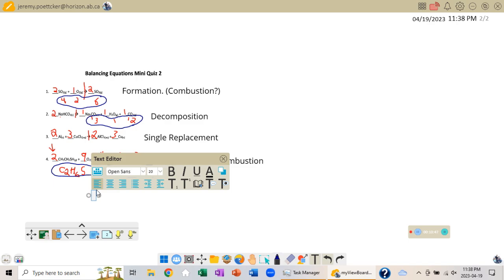So let's assume with this other type, I have sodium phosphate plus silver nitrate.